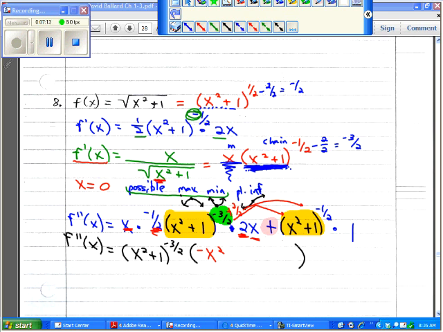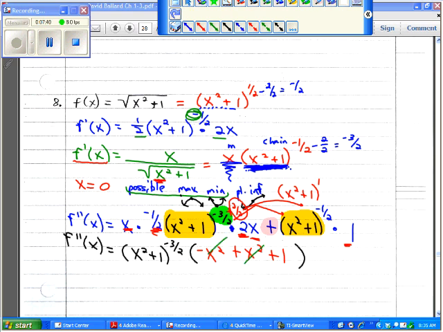So every single time when we deal with the chain rule situation, the multiplication rule and the chain rule, what we would be multiplying by is this base to the first power. See that 2 over 2 is 1. And it's going to be that times a 1, which is that. And so we're going to have a plus x squared plus 1.